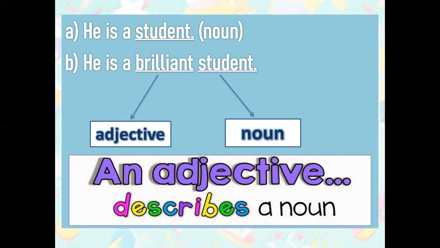And in the second sentence, what is brilliant? Brilliant is describing the student, which is a noun. So, students, brilliant is an adjective, right? As it is describing a noun, student. So, we came to know that an adjective describes a noun.